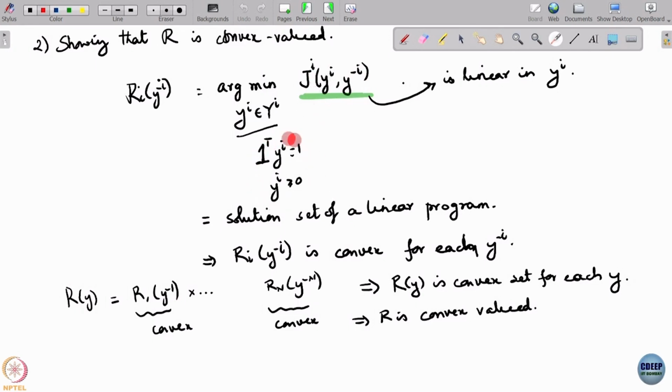And that's because these constraints just define a probability distribution. So effectively he is just taking a weighted combination. So in response to those y minus i's, a player always has a pure strategy best response. But in general there will be more than one pure strategy best response, and any convex combination of those pure strategies is also a best response.